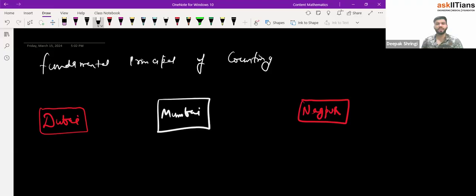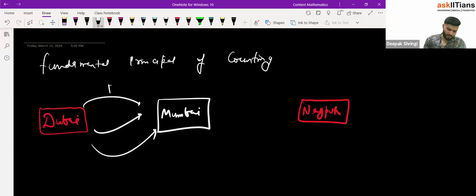So let's say guys, from Dubai to reach Bombay or Mumbai rather, you have 3 flights, F1, F2 and F3, right? One flight you have of Emirates, one you have of Air India, and let's say one you have of Saudi Air, ठीक है?